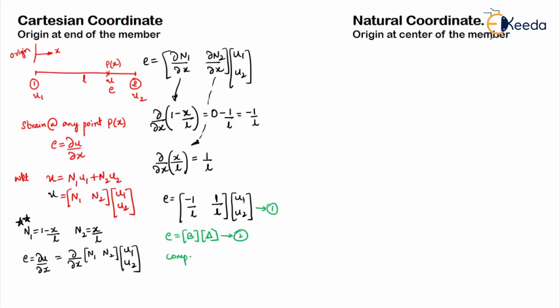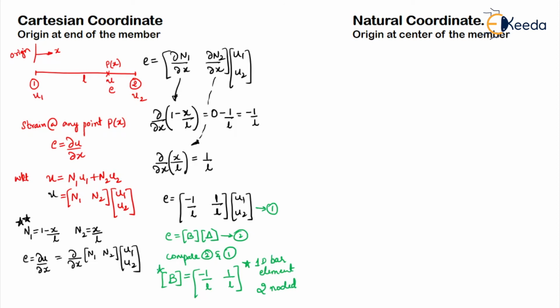Comparing 2 and 1, you get the strain displacement matrix B, which is equal to minus 1 by L and 1 by L. This is for a 1D bar element, two noded.